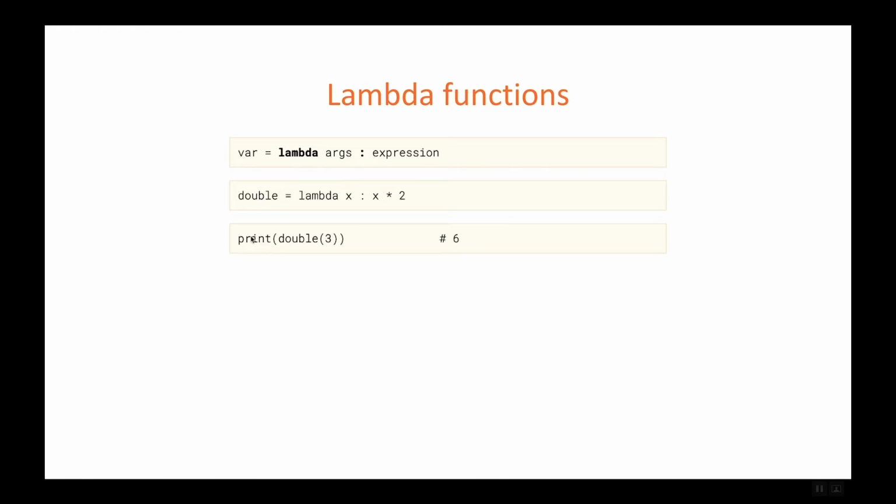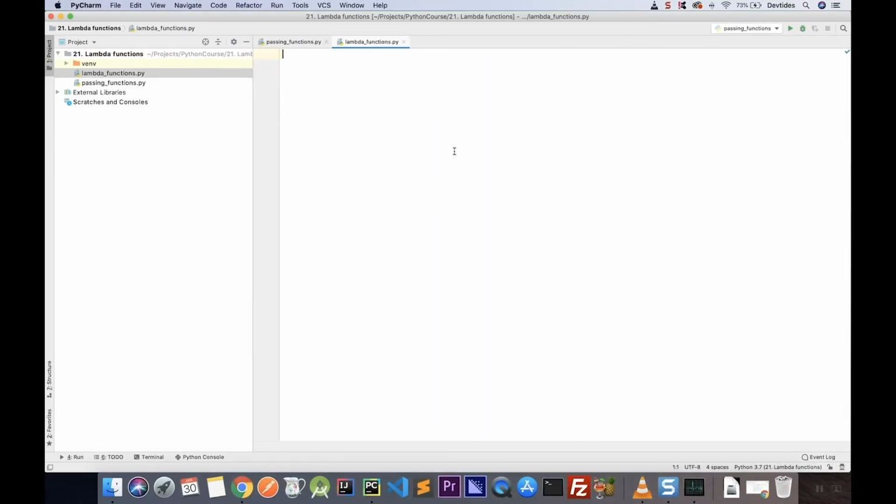And here we can simply print double of 3. Okay, this is a standard way of calling a function. Even though we don't give the function a name, we assign it to a variable. So there's not too much advantage to doing it this way, except to learn about how Lambdas work. So let's put this into practice and try it out in our editor.